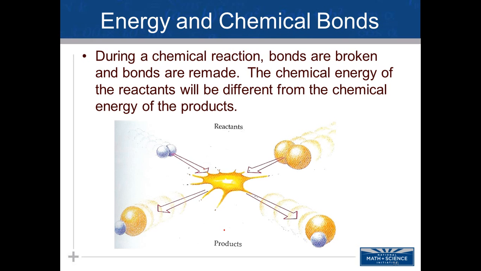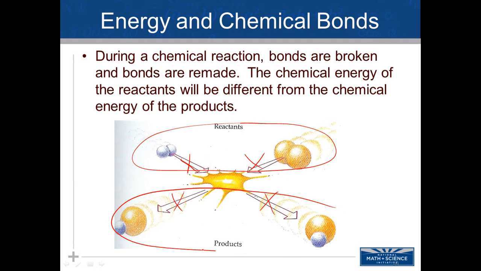During a chemical reaction, bonds are broken and bonds are remade. So the energy of the reactants will not equal the energy of the products. There's going to be some change in the energy. That energy we like to refer to as the enthalpy of the reactants and the products, and we're going to symbolize it by the letter H.